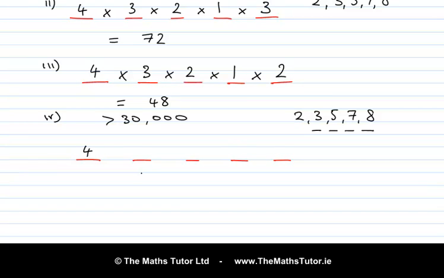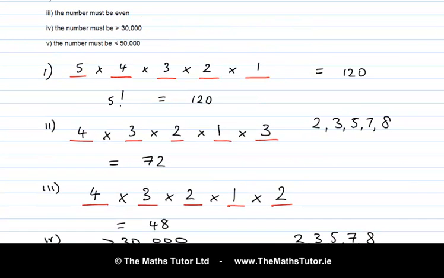For the next choice, well, we've already used one of these, so we only have 4 choices remaining. So again it's 4, and then 3, 2 and 1, and we multiply them, which turns out to be 96 permutations.